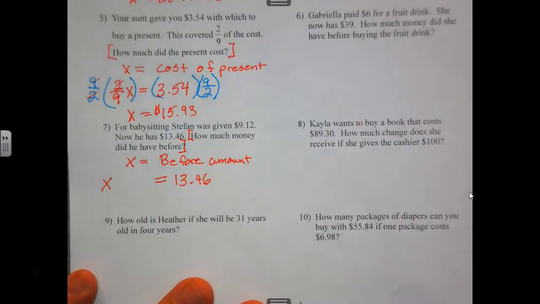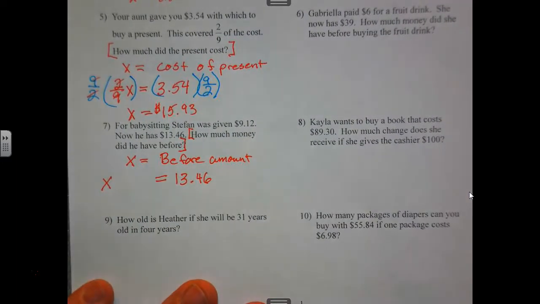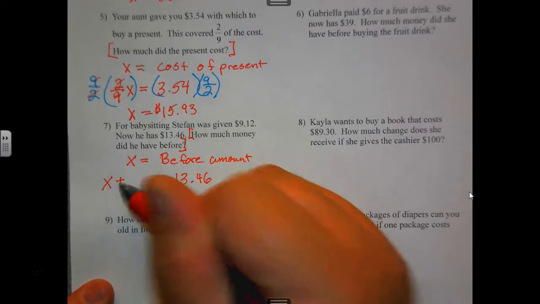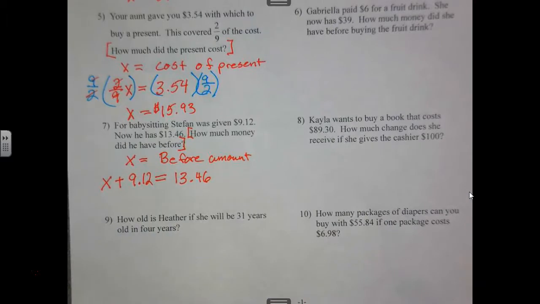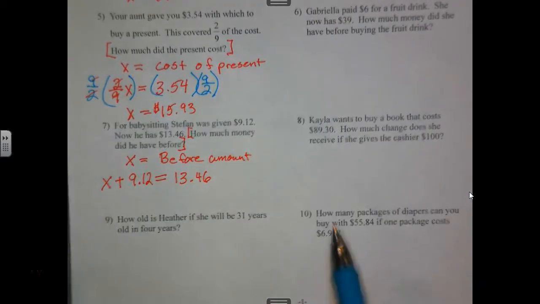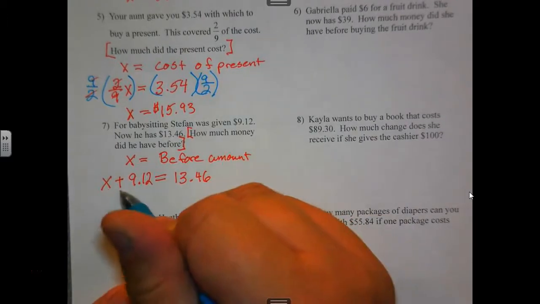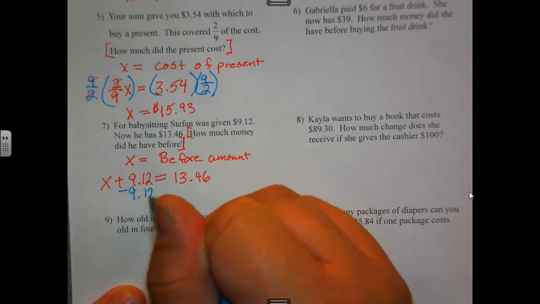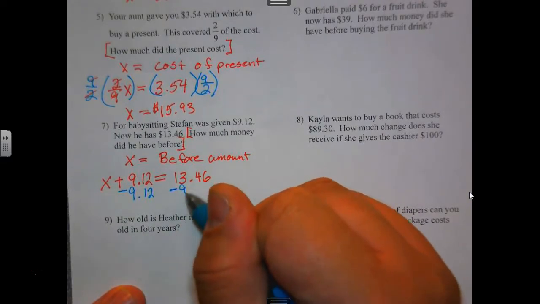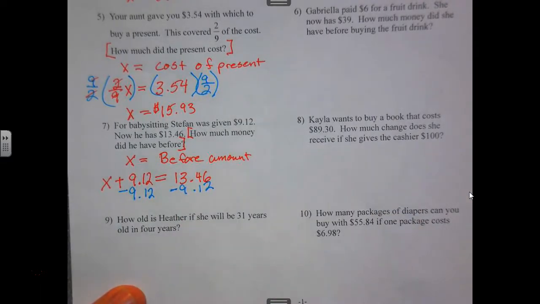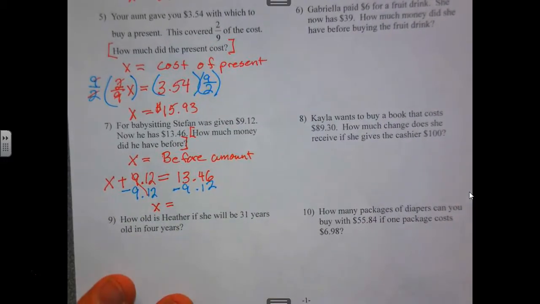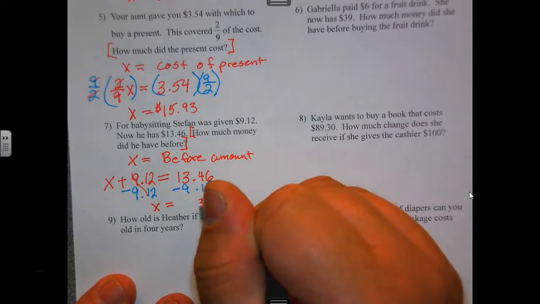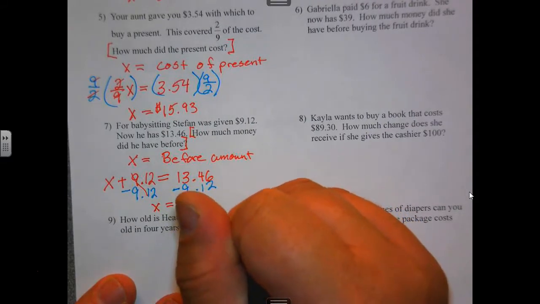Before he started babysitting, how much did he get babysitting? That's right, $9.12. Subtract $9.12. So the amount he had before he babysat was $4.34.